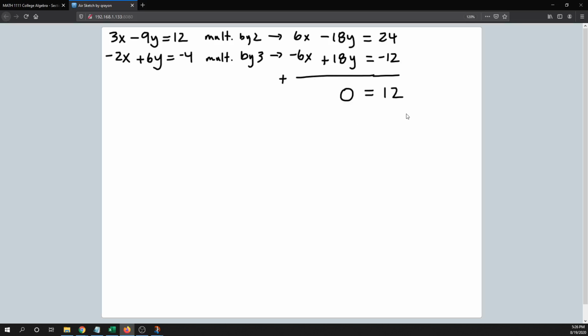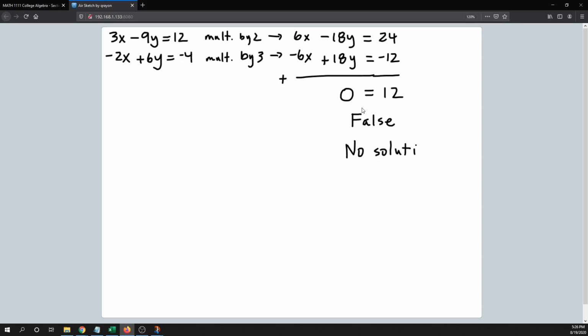All of the variables will drop out, and then you can look at this equation and say, yes, that's true, or yes, that's false. In other words, it will be what's called a statement. And this statement, that 0 equals 12, is false. That's not true. And so if that's false, then the answer is just no solution.